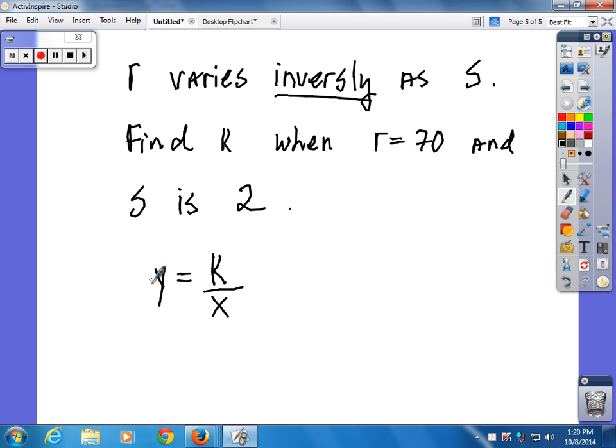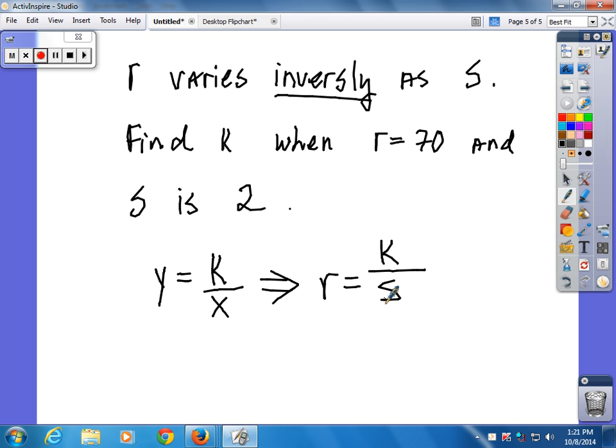R. And then X will change to S. Well, why don't you change K? K never changes. Never. So, we rewrite it as R is equal to K over S.